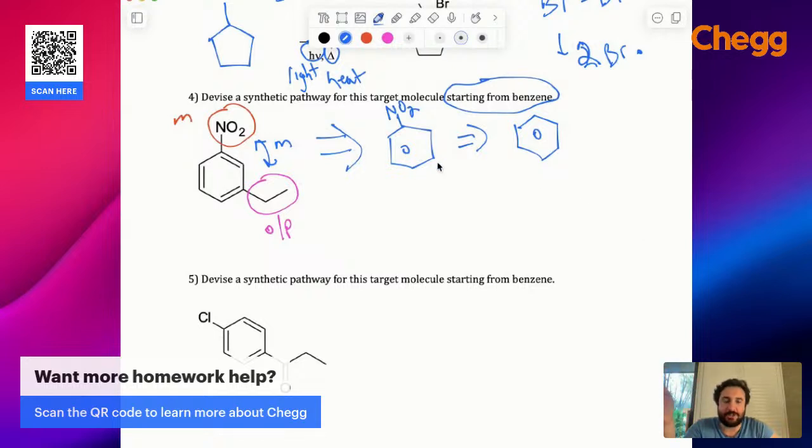Okay, so when you're doing synthetic pathways, it's good to do retrosynthetic analysis. This is obviously a very, very simple and very primitive example of retrosynthetic analysis, but it is synthetic analysis nonetheless. It is a good exercise in beginning to start to think retrosynthetically. We are thinking, what can I undo? What can I transform retroactively to get the thing that can have come before this?